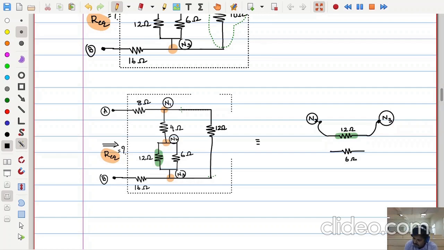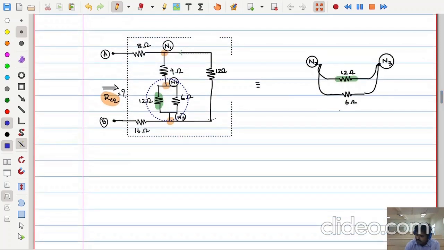Yes or no? What about the 6 ohms? Same. Can I say these two are in parallel? These two are in parallel. Yes or no? Yes, sir. If these two are in parallel, what do we do? Tell me.